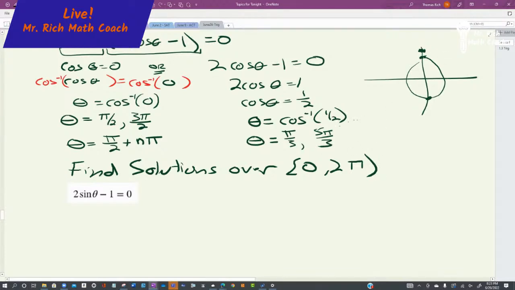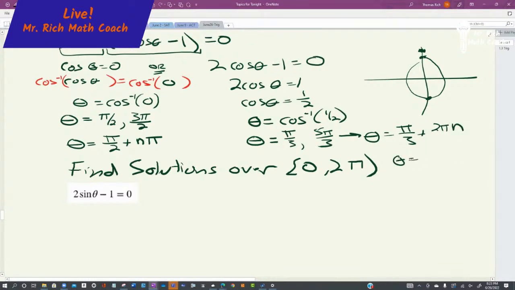Over here, though, I have to do this a little bit different because it's not just multiples of pi. It's going to be pi over 3 and every rotation after pi over 3. So these two solutions, I'm going to write them like this. This is going to be pi over 3 plus 2 pi n.